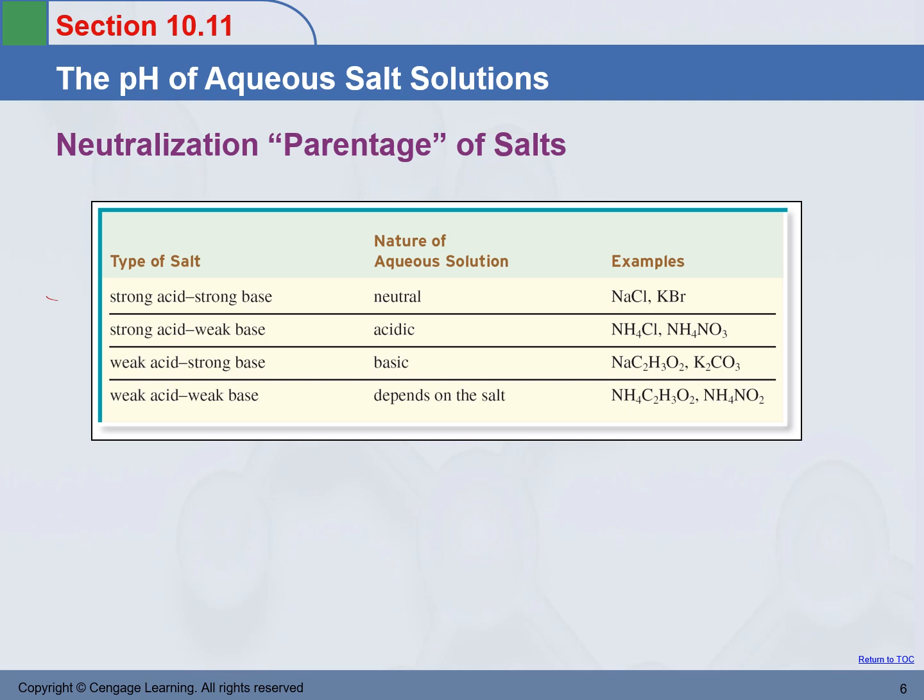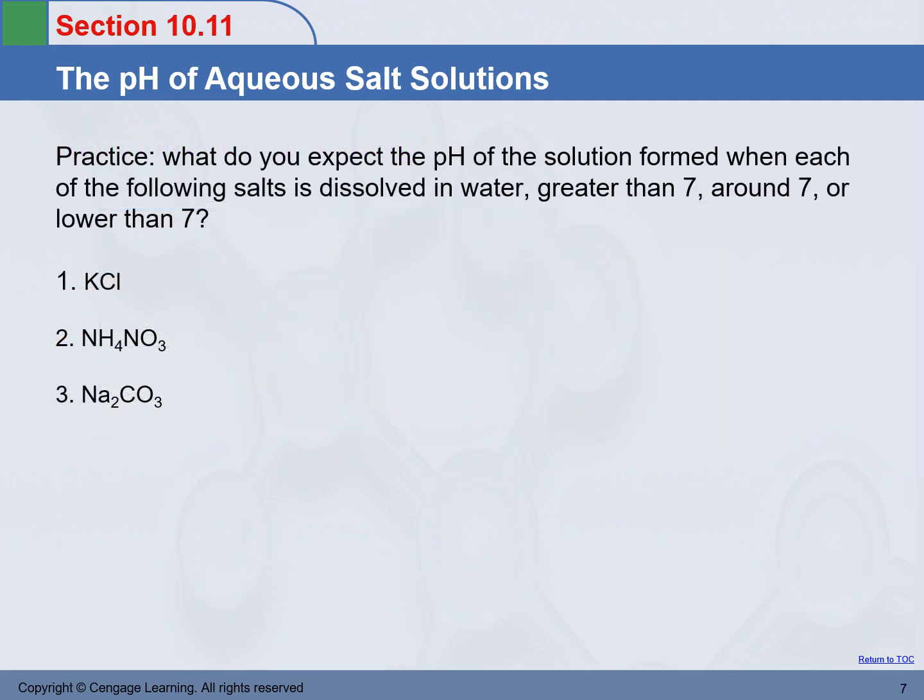Okay, if the salt is from strong acid, strong base, solution will be neutral, pH will be around 7. Couple examples here, okay? And some other examples here. Predict.